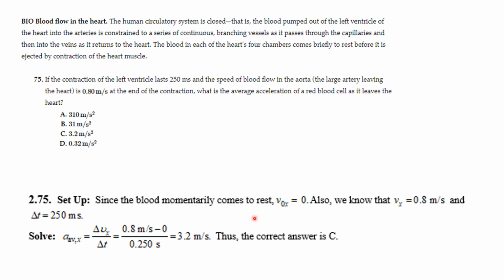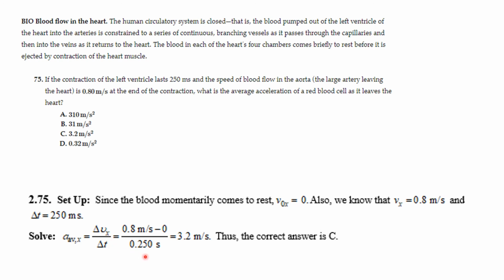Well, since the blood was at rest, the initial velocity in the x direction, v sub 0x, is 0. We also know that the final velocity in the x direction is going to be 0.8 meters per second, and the length of time involved in going from 0 to that speed is 250 milliseconds. So the average acceleration in the x direction is delta v in the x direction over delta t.